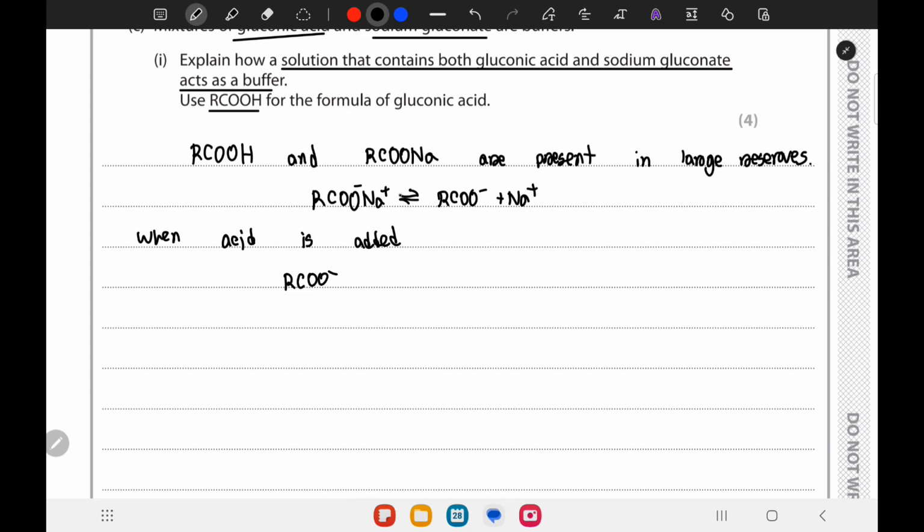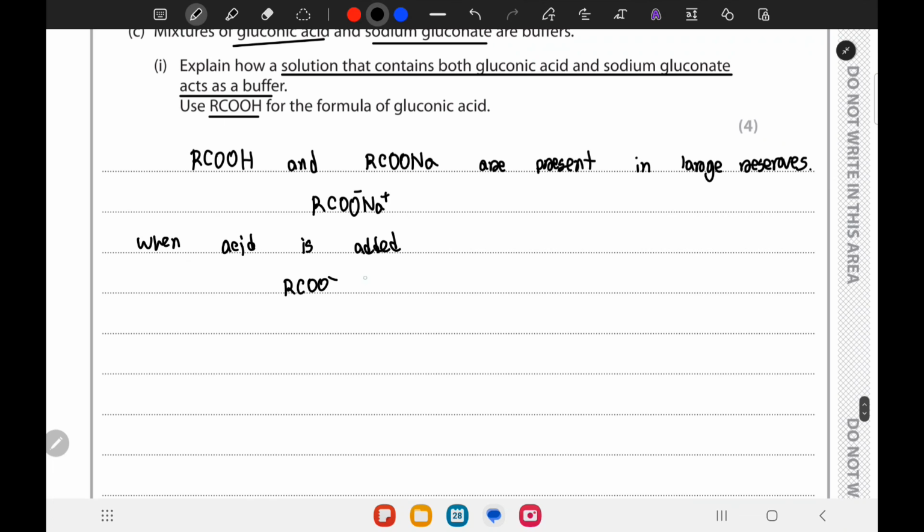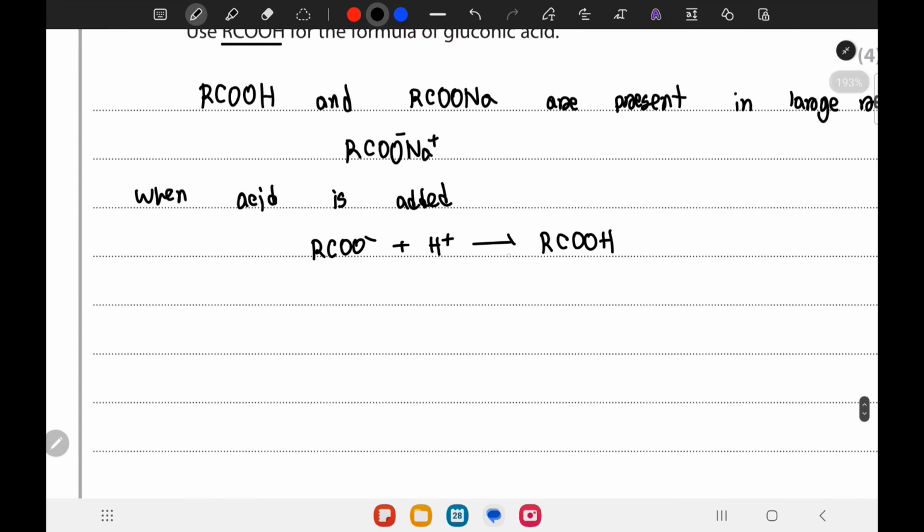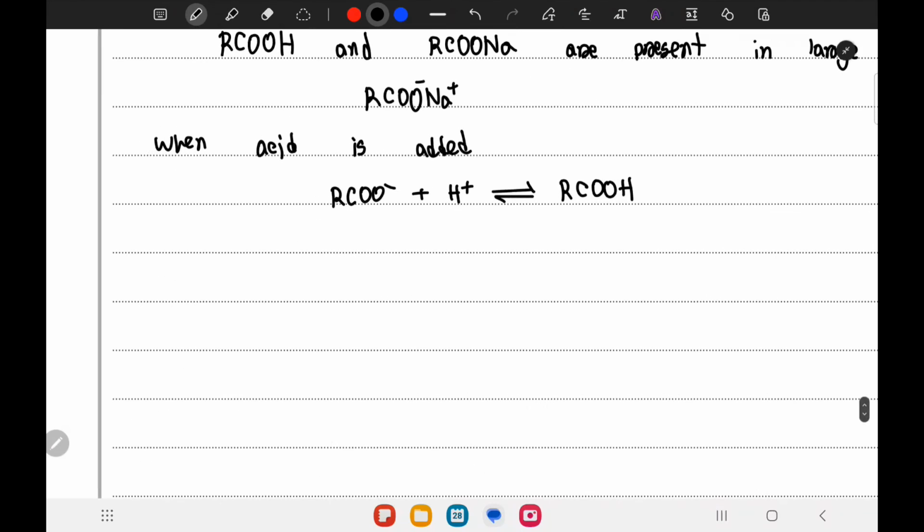So the RCOO⁻ reacts with H⁺ to form RCOOH. This is a reversible reaction. You could show it with one arrow like this, or show it as a reversible reaction. You can do both. And this is when acid is added.